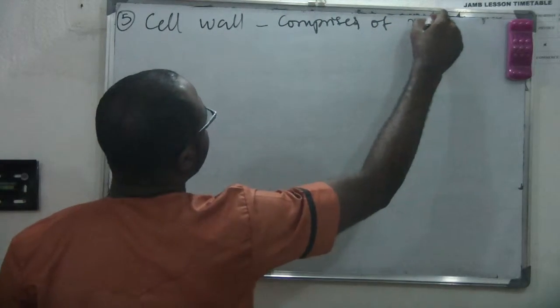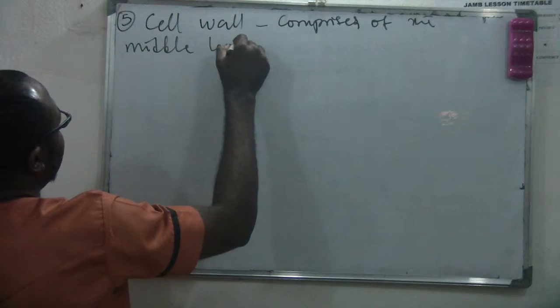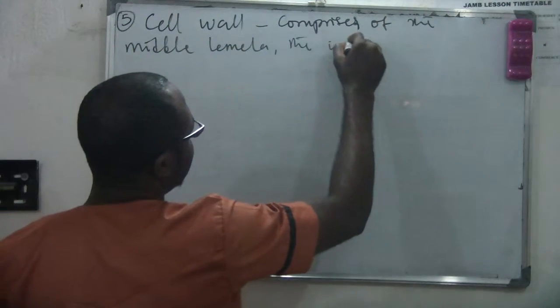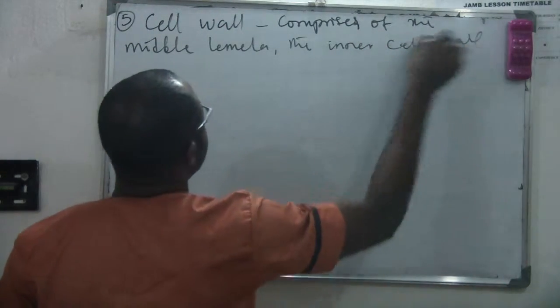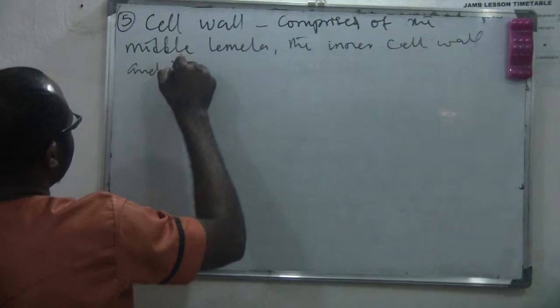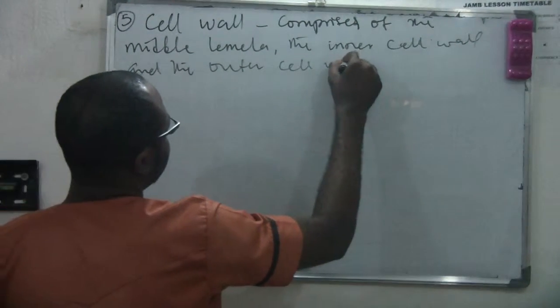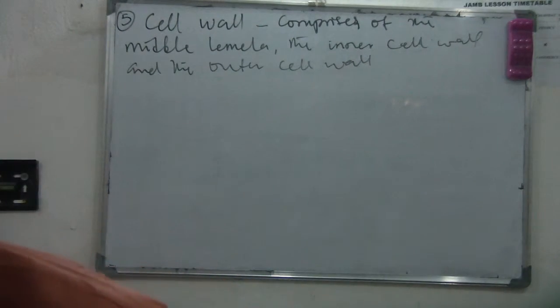This cell wall comprises the middle lamella, the inner cell wall, and the outer cell wall. That's what the cell wall is made up of.